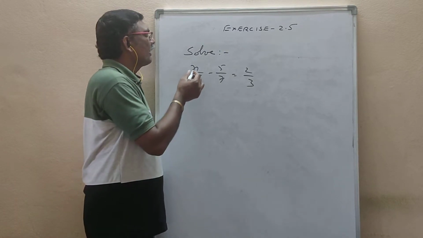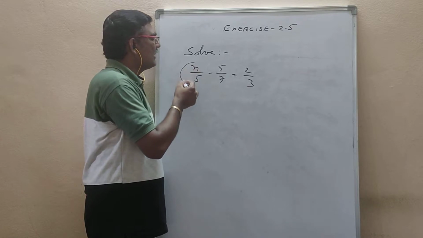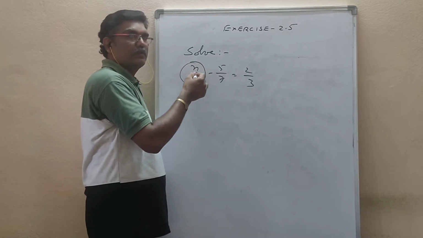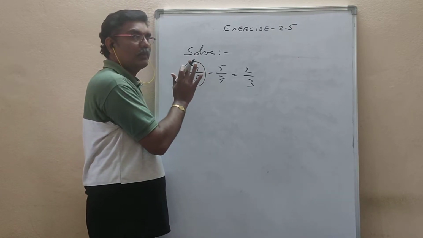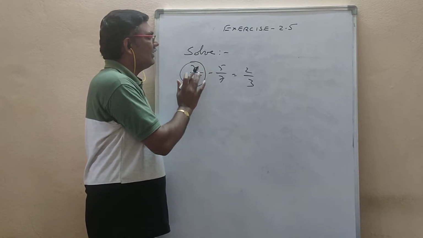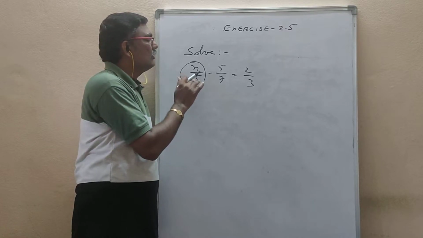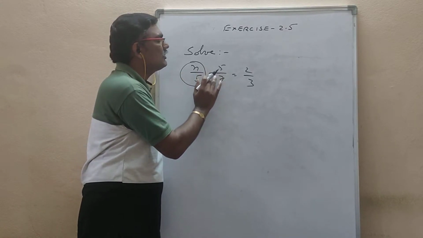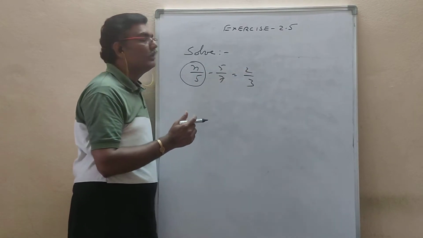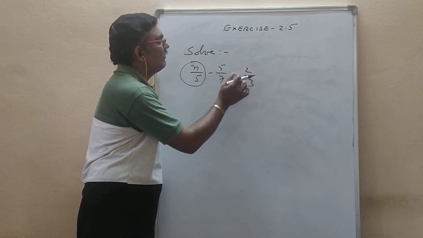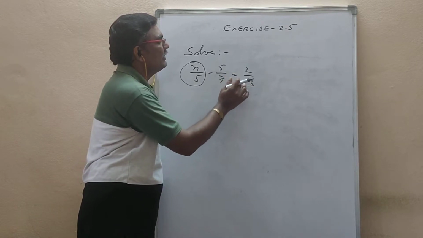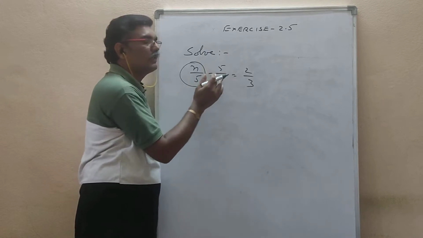Now, n is related with one term, n by 5. So n by 5 is one term, in which the variable is involved. So constants should be taken to one side. On the right side we already have 2 by 3, a constant. Minus 5 by 7 is also a constant.